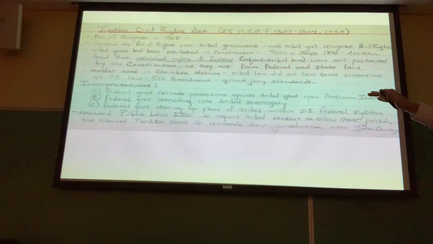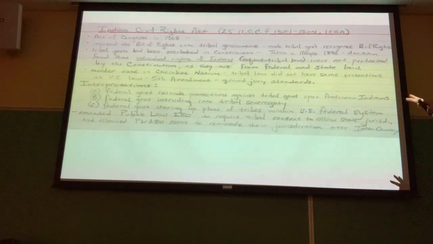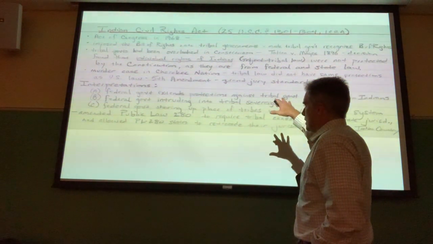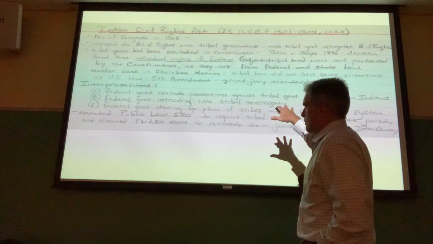Well, in Talton versus Mays it was interpreted in a few ways. First of all, the federal government, or at least the Civil Rights Act, would extend those federal protections over American Indians relative to their own tribal governments. The federal government was essentially mandating a certain standard of tribal governments.